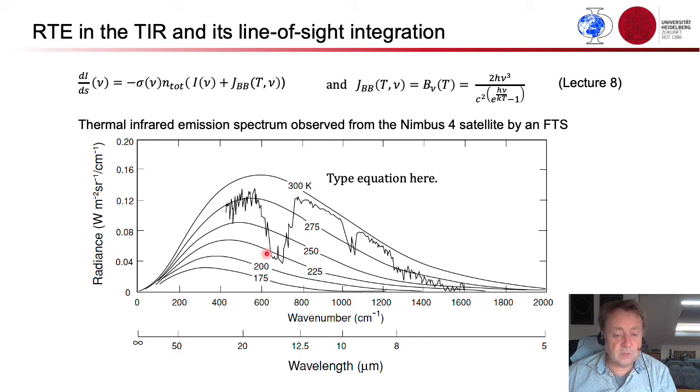So what we do see here in the center of the CO2 absorption line at 15 micrometer, that is radiation which originates at an altitude where we have about 225 Kelvin temperature. So that's pretty interesting. And let's now try to find a way how we can calculate such an observation.